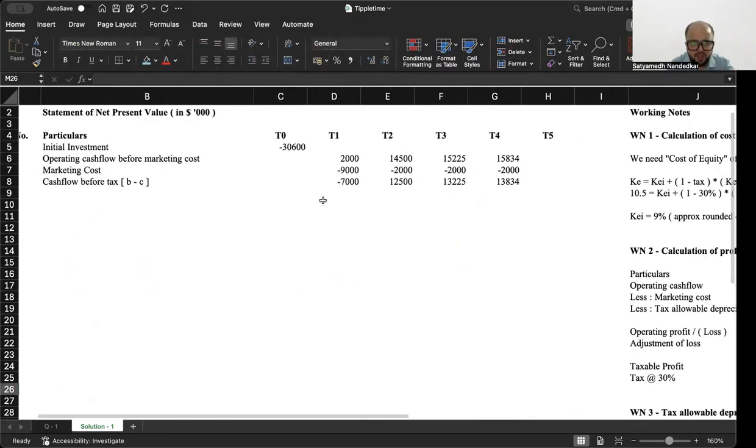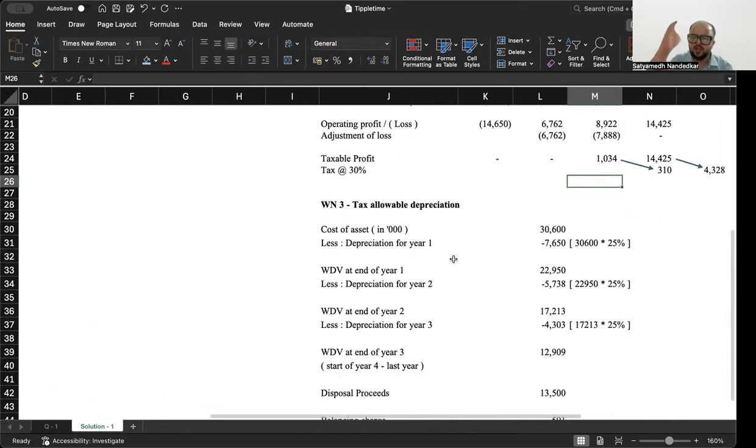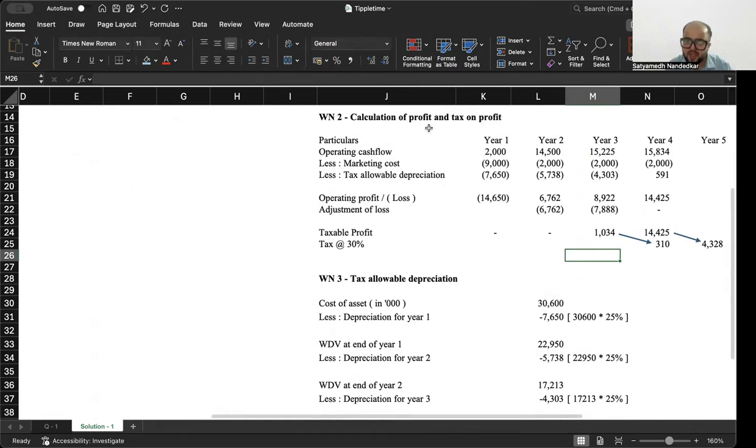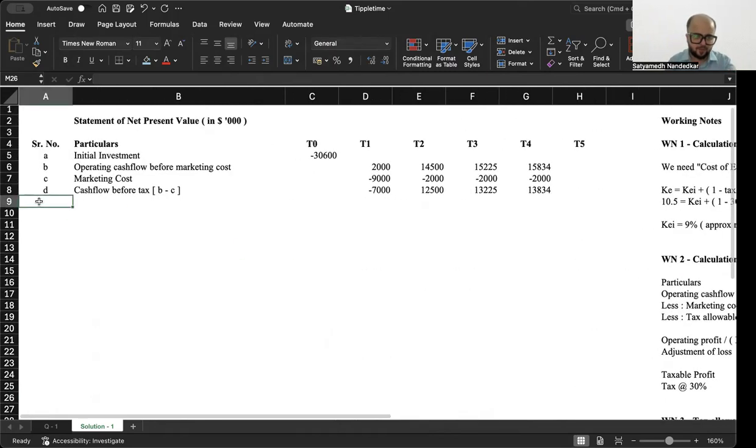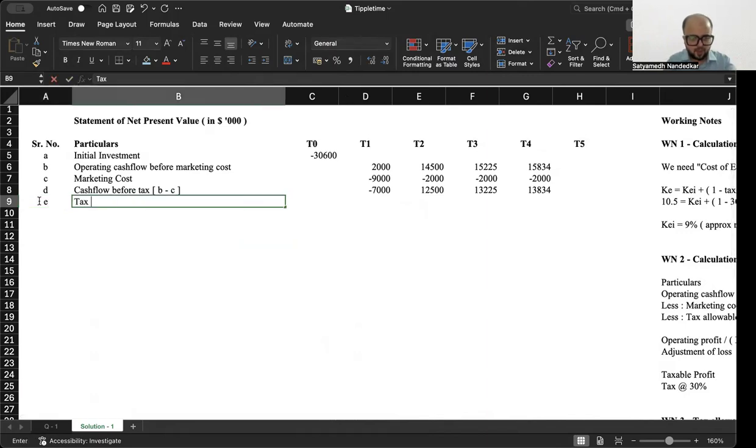You could have calculated tax on, you could have adjusted the loss here, then calculated tax, then again done tax saving adjustment. I simply summarized that into one step by calculating the tax on profit separately in a different working note. Because of the adjustment of losses thing, I had to be super careful. Okay. Now, E, tax on taxable profit. This is working note 2.